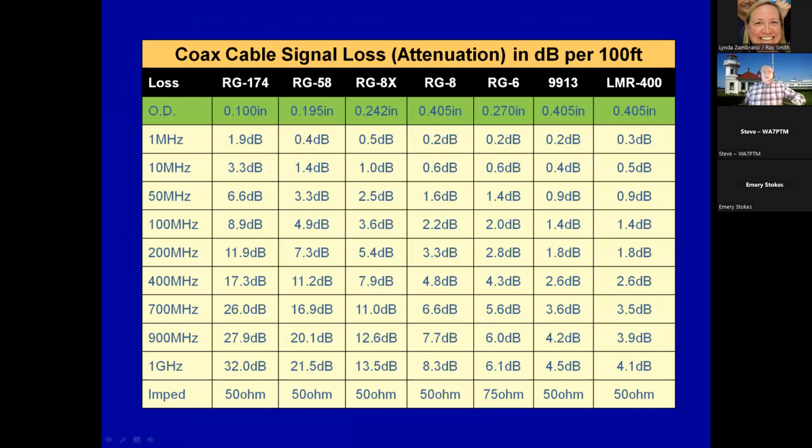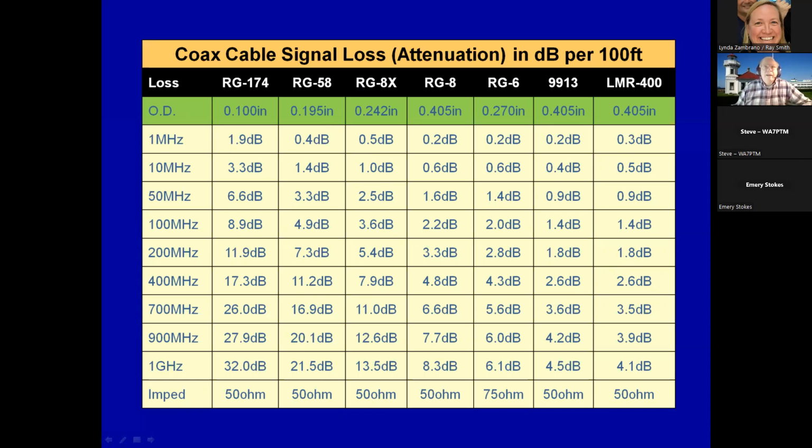Coax cable signal loss. Remember I said that as you increase the frequency, the loss gets greater. And depending on the type of cable you use and the frequencies you're operating at, this can be a significant amount of loss. So let's take a look real quick at RG58, the kind of thin coax that you'll typically have with a mag mount antenna coming off your car.